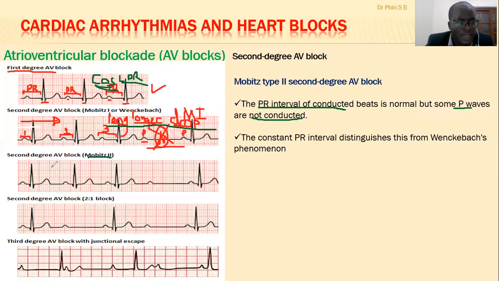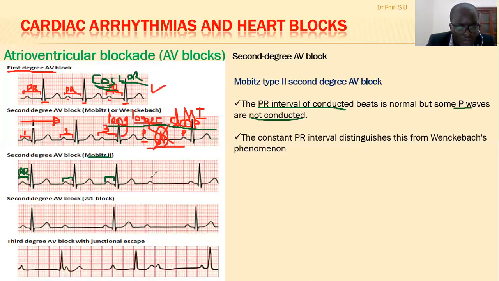So when you come back to this diagram, you can see the start of the P wave to the start of the QRS complex. This is your PR interval. So this PR interval is normal. Then when you check again your PR interval here, there is no elongation, it's still normal. Then you can also check here, the PR interval is within the normal range. So you have a PR interval that is normal, but you have a P wave that is not conducted.